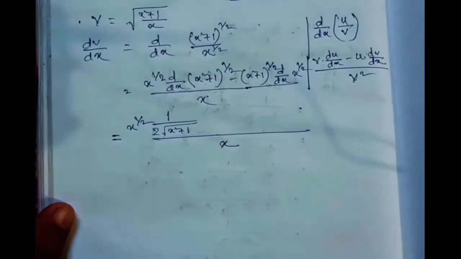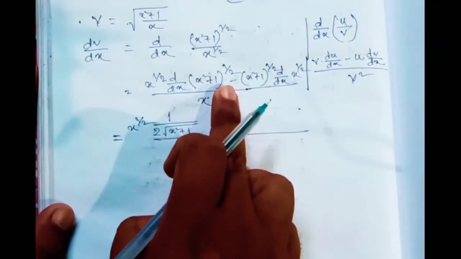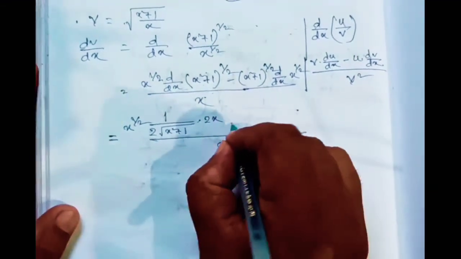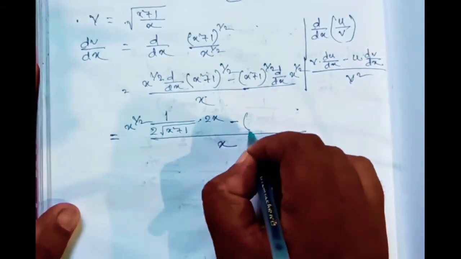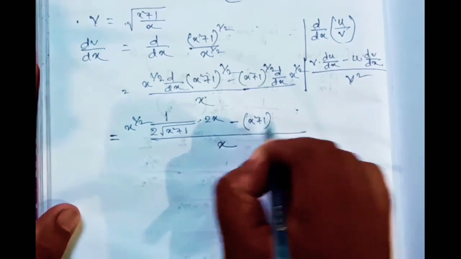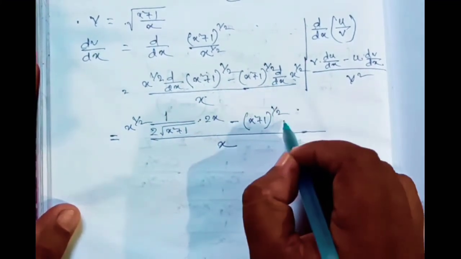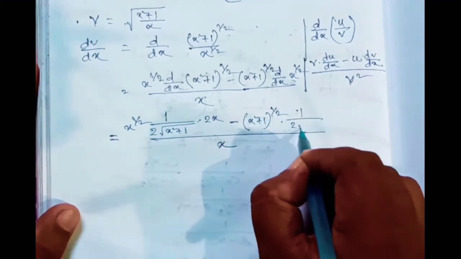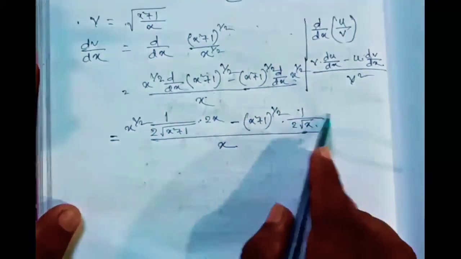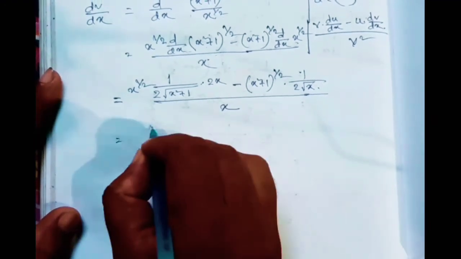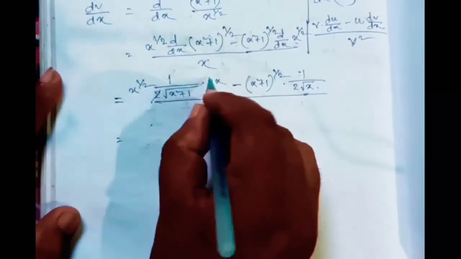Next again the differentiation of x square plus 1, so we will get 2x, minus (x square plus 1) whole to the power half or root, this is fixed, d/dx of root x equals 1 by 2 root x. Next d/dx of x means 1. So here we are getting these two can be cancelled.